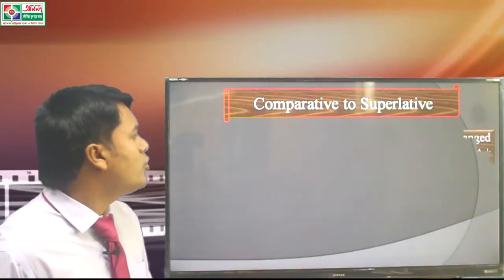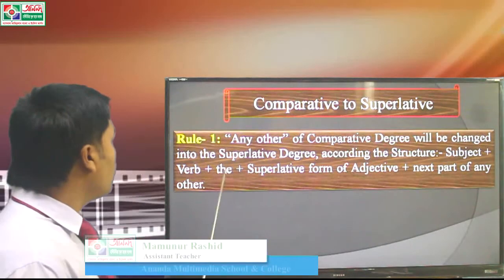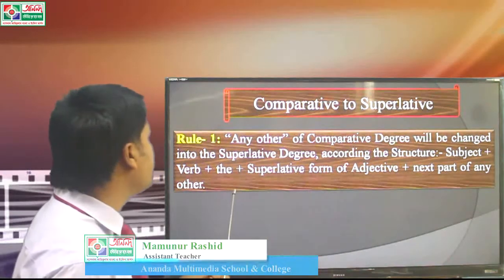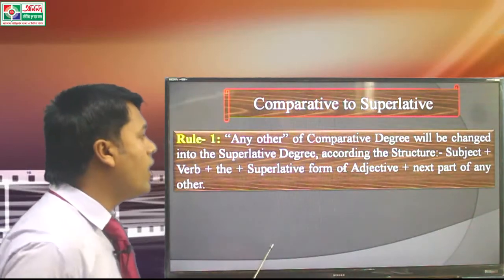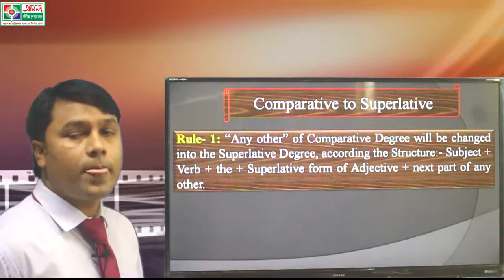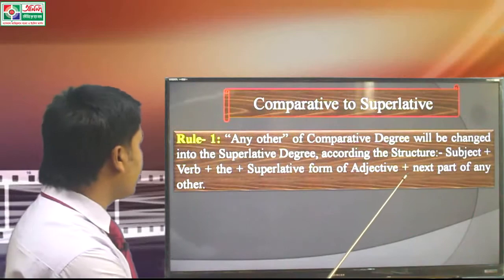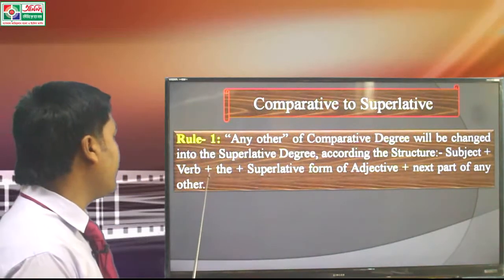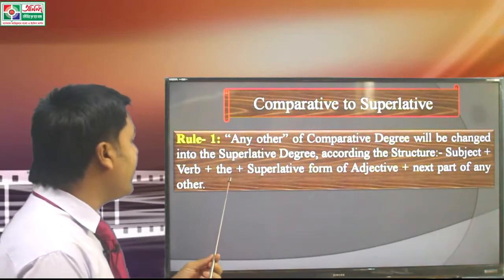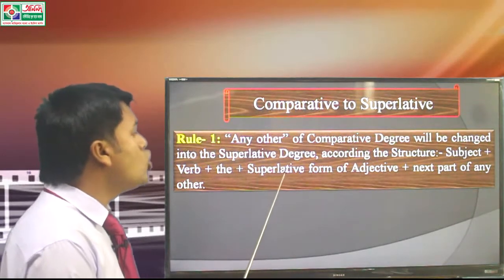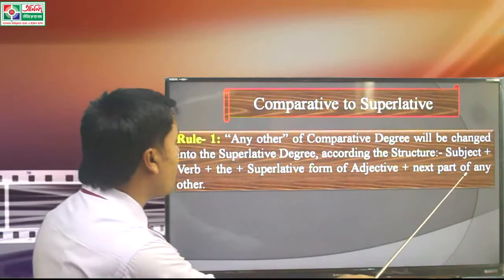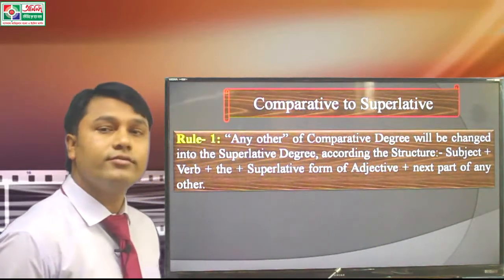Comparative to superlative. Rule number 1. Any other in the comparative degree will be changed into the superlative degree according to the structure: subject, then verb, then the plus superlative form of adjective, and then the next part of any other.